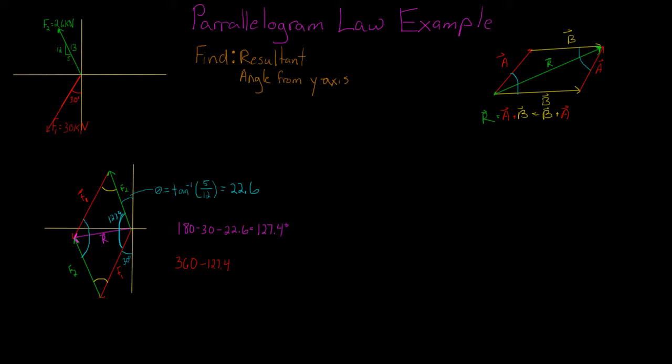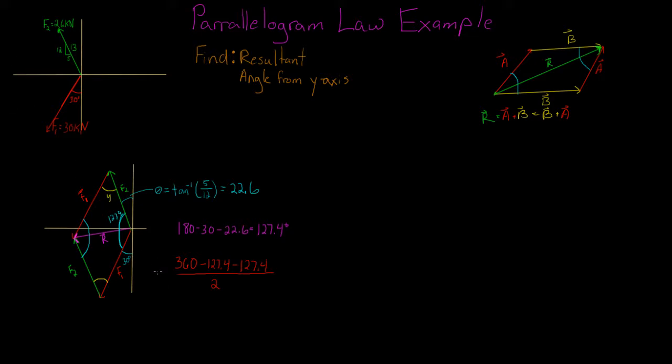Now we're going to subtract this 127.4. And this answer right here is going to give us this angle plus this angle. Since these two angles are the same, we're going to divide it by 2. And let's just give this angle a name. Let's call it gamma.